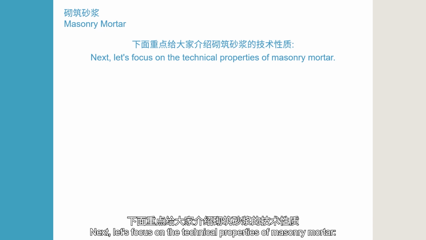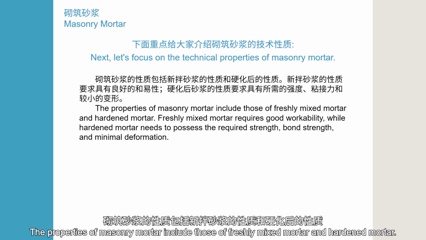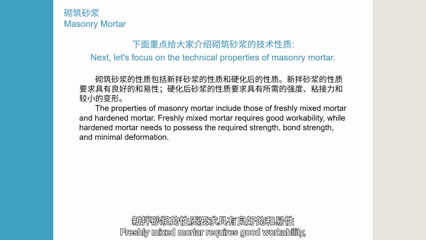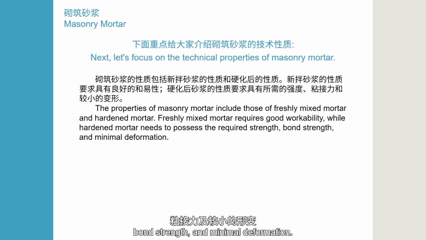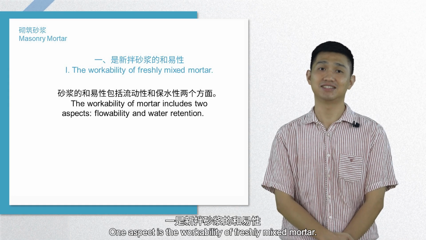Next, let's focus on the technical properties of masonry mortar. The properties of masonry mortar include those of freshly mixed mortar and hardened mortar. A freshly mixed mortar requires good workability, while hardened mortar needs to possess the required strength, bond strength, and minimal deformation. One aspect is the workability of freshly mixed mortar.